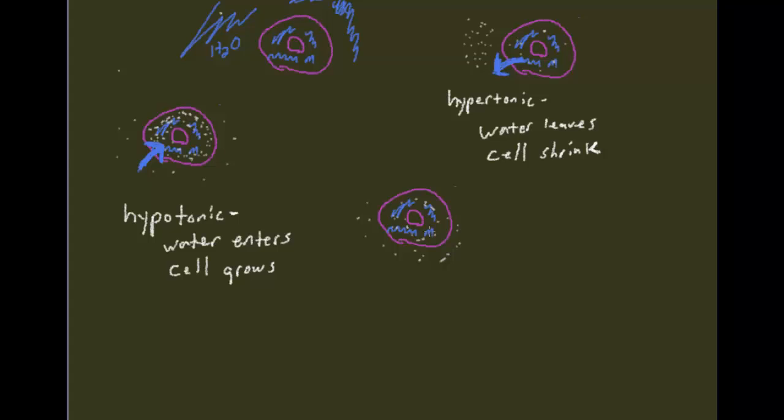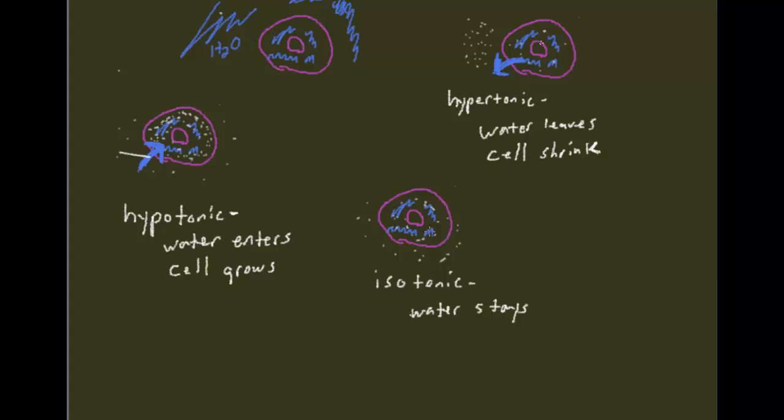And in an equal situation, it's called an isotonic solution. And the cell and the water stays the same. Okay? So nothing happened. The water doesn't leave the cell. It doesn't go into the cell. It just stays the same.